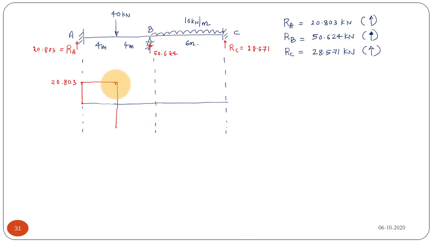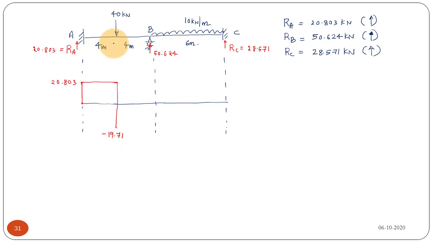So 20.803 minus 40, that value will be minus 19.197.